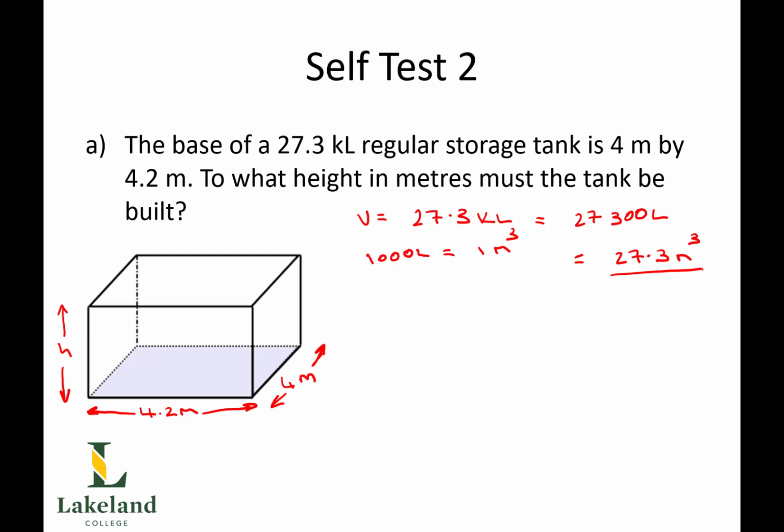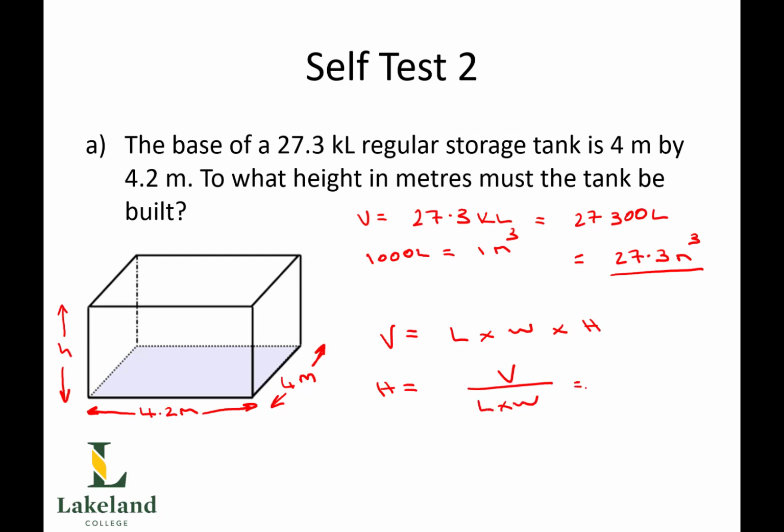So once we've sorted out getting our litres into metres cubed, we can go ahead and think about our formula. Well, the formula for a rectangular prism is that volume is equal to length times width times height. So we are looking for height, so if we rearrange this, h will equal volume over length times width.